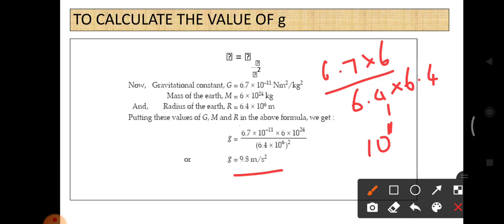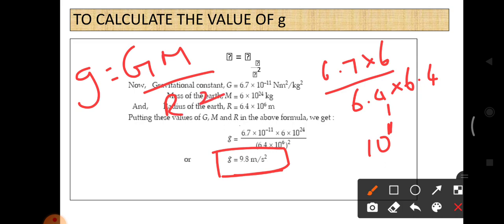This is a constant value, because in the equation g equals capital G M by r square, G is constant, M is constant, and r is constant. So when we substitute the constant values in the equation, we get a constant value. So g equals 9.8 meter per second square. This is the value of the acceleration due to gravity.